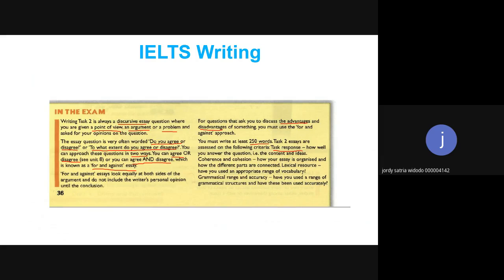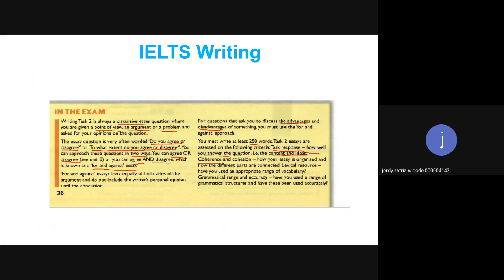Task response is how well you answer the question, for instance the content and ideas. Coherence and cohesion is how your essay is organized and how the different parts are connected, so you need to use logical functions in your essay.